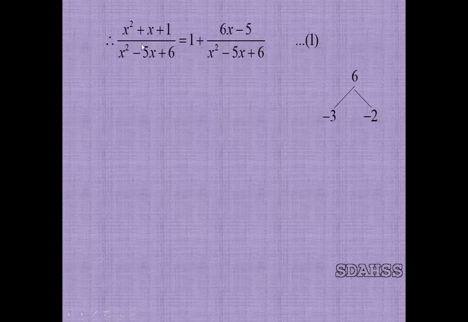So x square plus x plus 1 divided by x square minus 5x plus 6 is equal to 1 plus 6x minus 5 divided by x square minus 5x plus 6. Mark it as first equation.